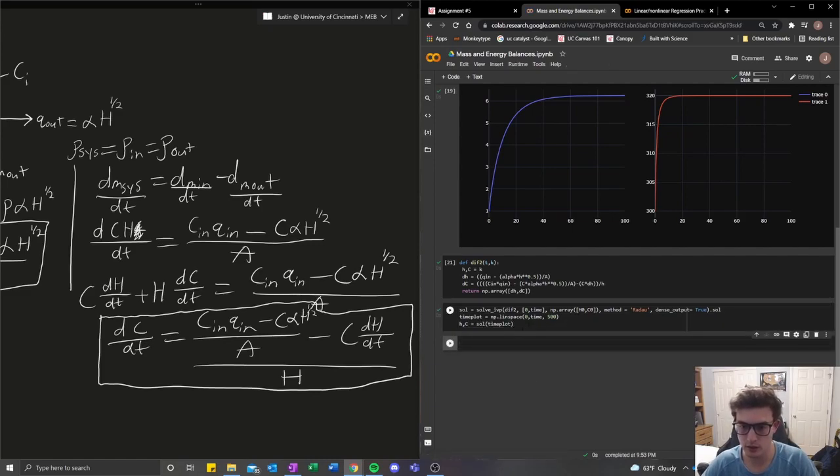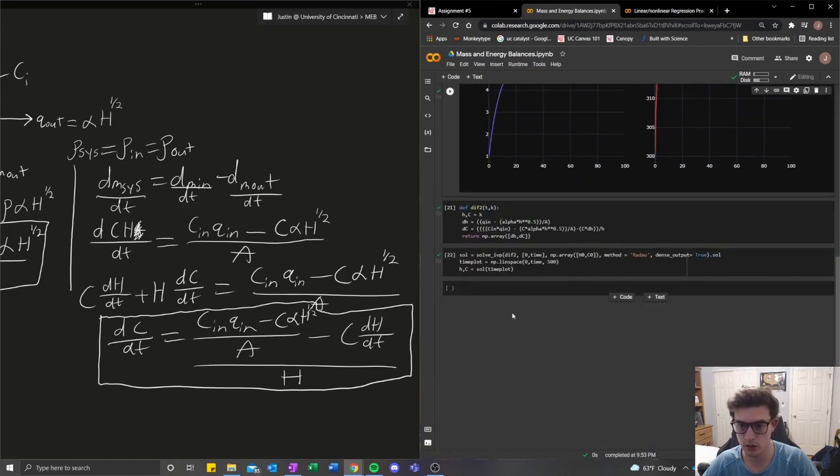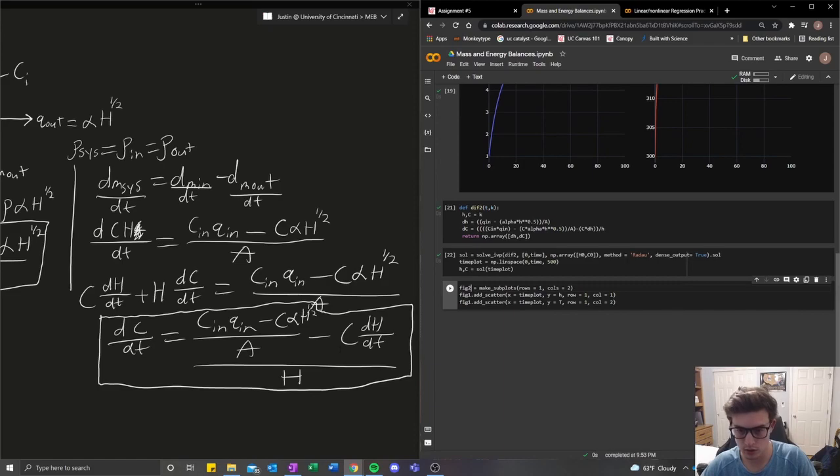So everything there is good. And then we just want to copy over our scatter plots, and we're going to call this figure 2, and instead of temperature we want the concentration.